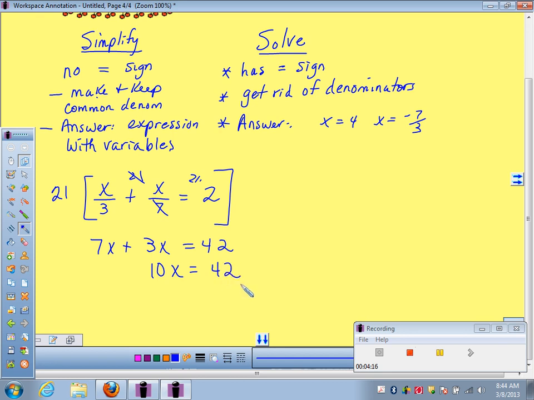So if I add this up, 10x equals 42. I divide by 10. Since it divides evenly, I could live with 4.2, but don't give me decimals unless it's exact. I would prefer you reduce it to 21/5. That's the kind of answer the book's going to give you. They're not going to convert them to decimals.